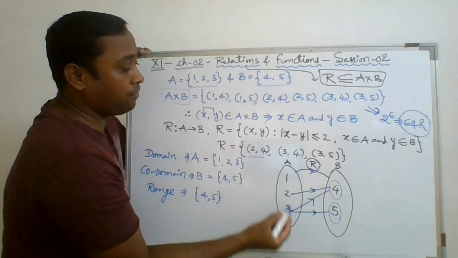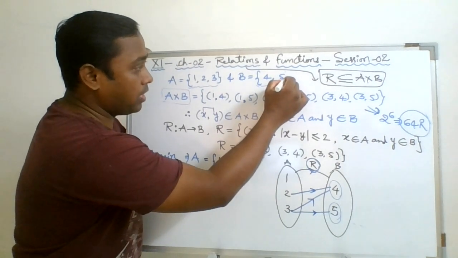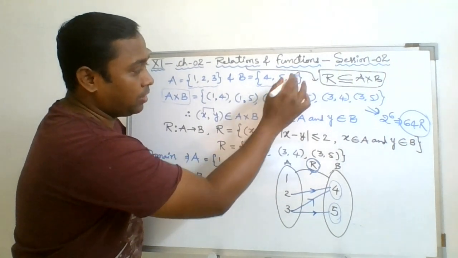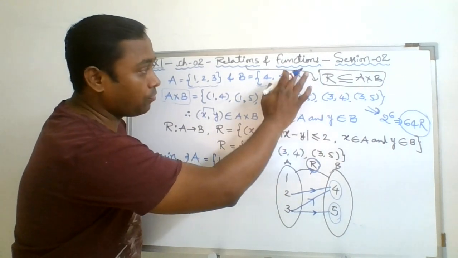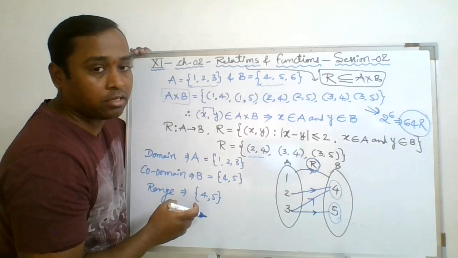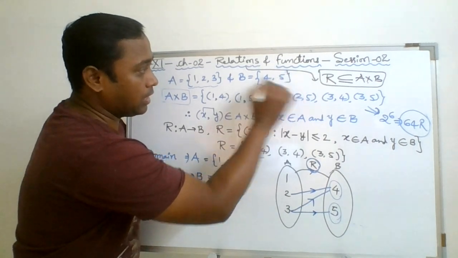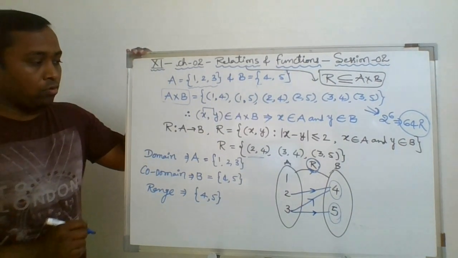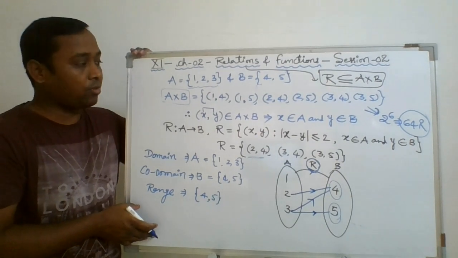Let us say, just for your convenience, if 6 is there in B and it is not in the relation, it will not come under the range. I don't want to disturb the example which I have stated. So you may understand this concept while doing this question from the exercise.